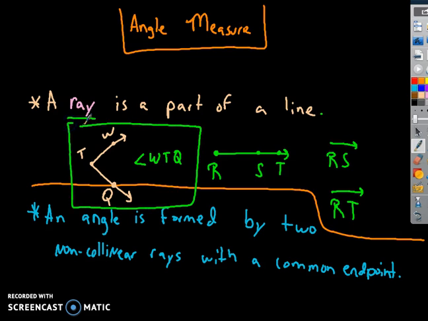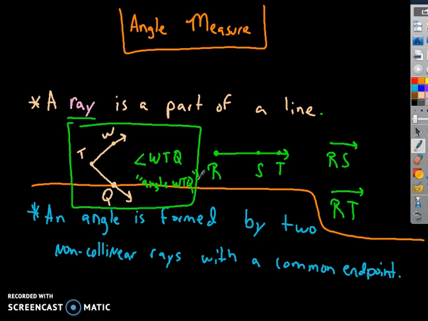What's important about naming an angle is the middle letter has to be the same as the vertex, and the vertex is the place it bends. Whatever that middle letter is, it has to be the middle letter when you name it. So this reads angle WTQ. That's how it reads in words.